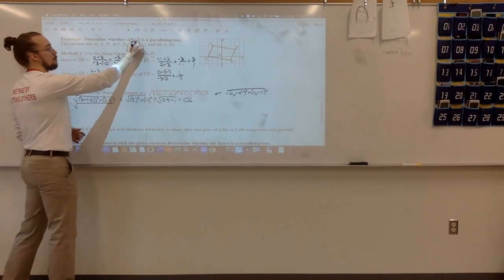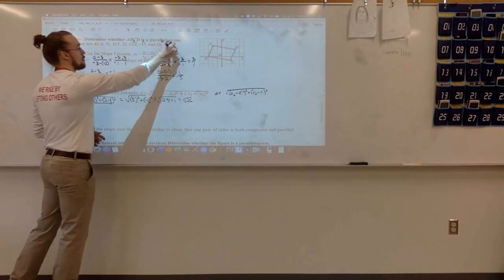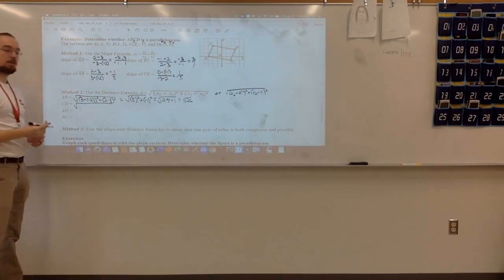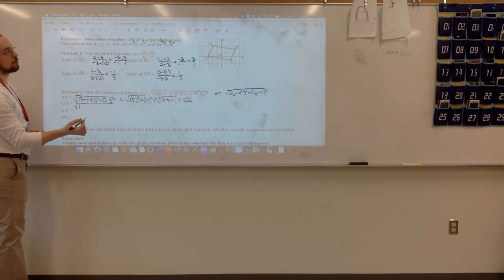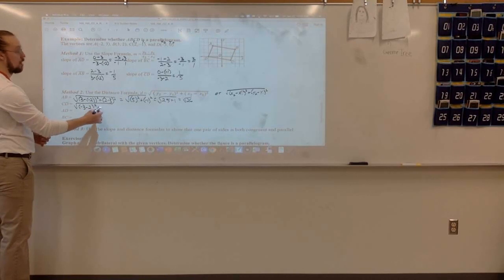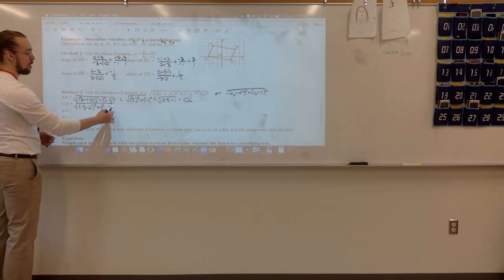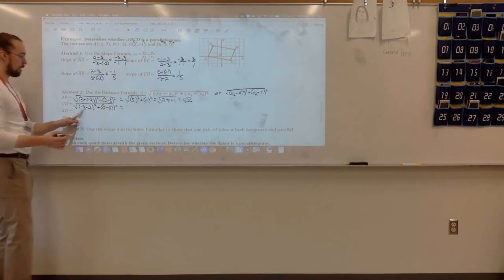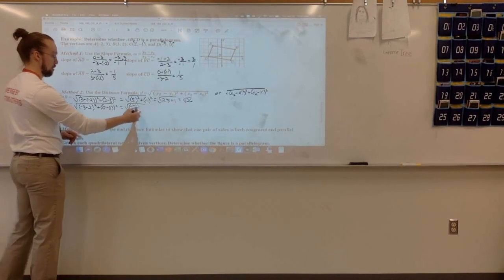So again, we'll just do x1, y1, x2, y2, C and D. Plug those values in. So x2 minus x1, negative 3 minus 2, plus y2 minus y1. So negative 3 minus 2 is negative 5.